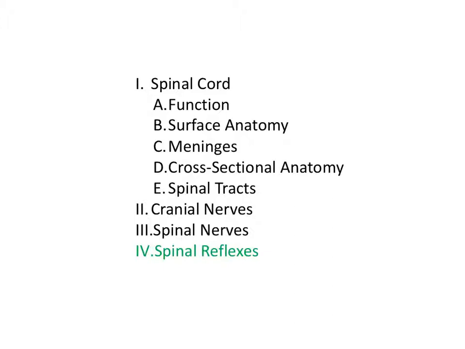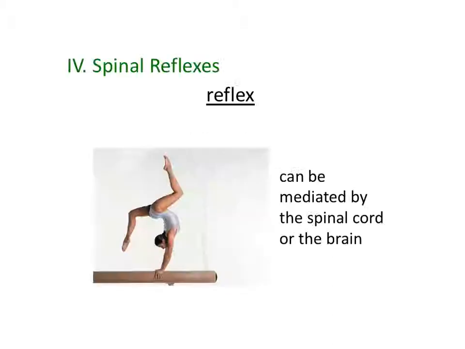The last topic for this lecture is going to be spinal reflexes, combining both the central nervous system, the spinal cord, with the peripheral nervous system, with nerve fibers going out. A reflex is defined as an automatic response to a stimulus.